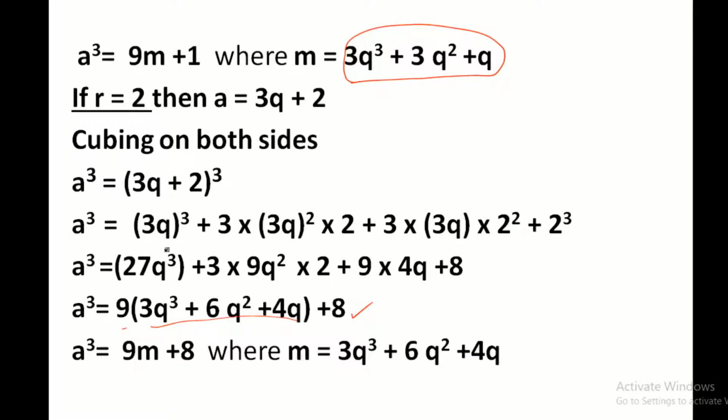We replace this value with a positive integer m. So a cube is equal to 9m plus 8. In this way we have shown that the cube of any integer is of the form 9m or 9m plus 1 or 9m plus 8.